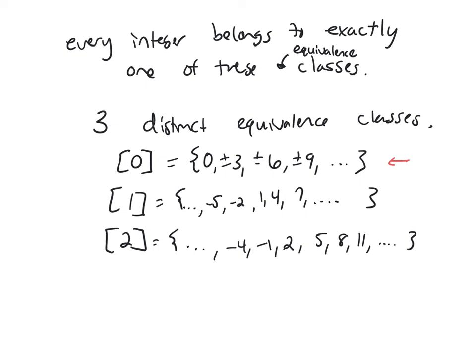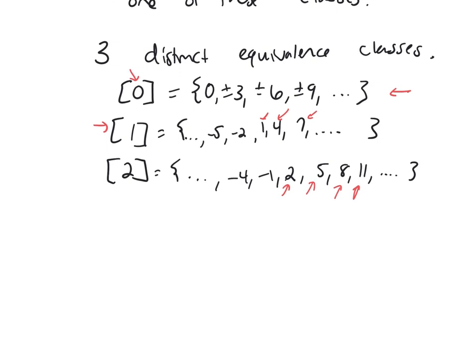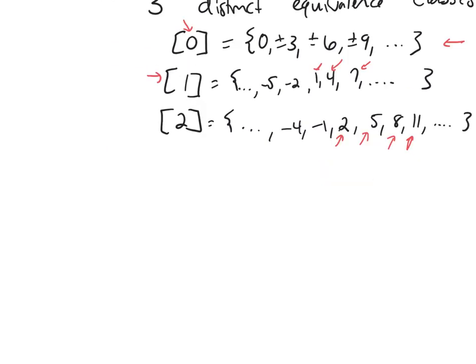So when I divide any of those numbers by 3, the remainder will be 0. If I divide 4, 7, 1 by 3, any of these numbers, the remainder will be 1. And then if I look over here at any of the numbers 5, 8, 11, 2, when I divide by 3, my remainder will be 2.